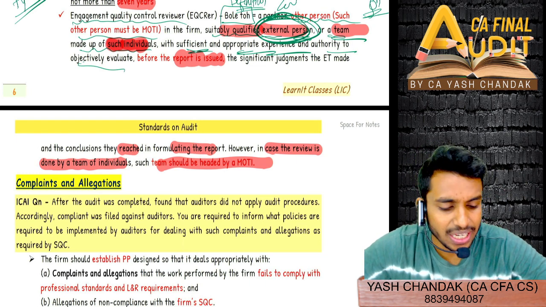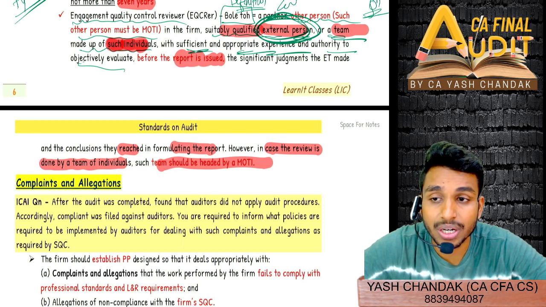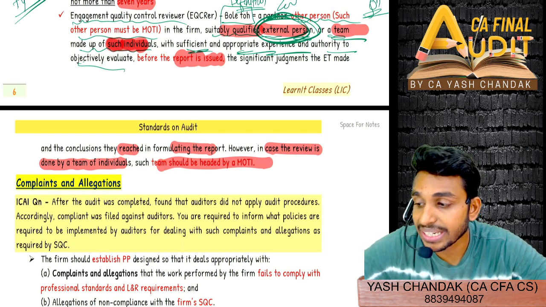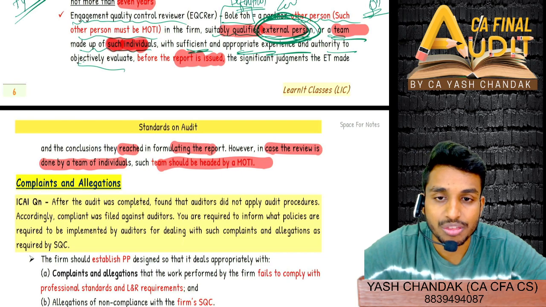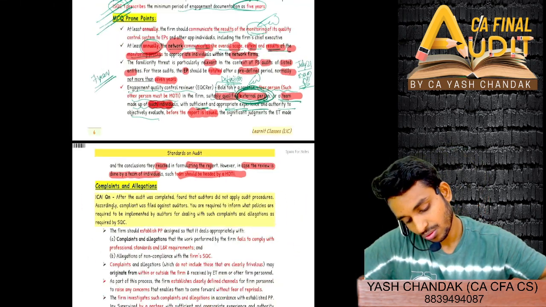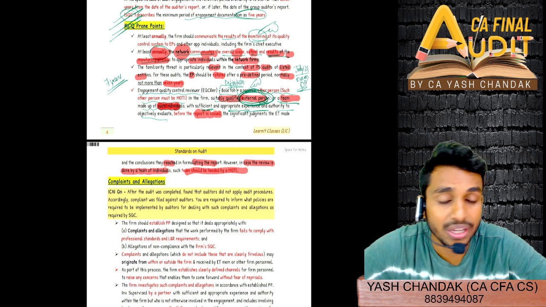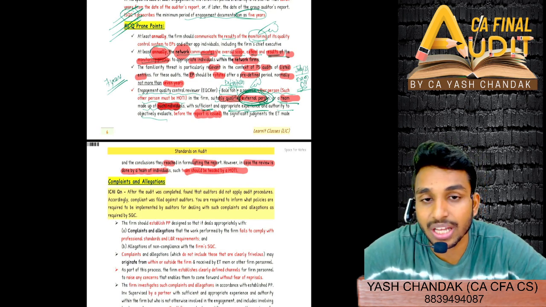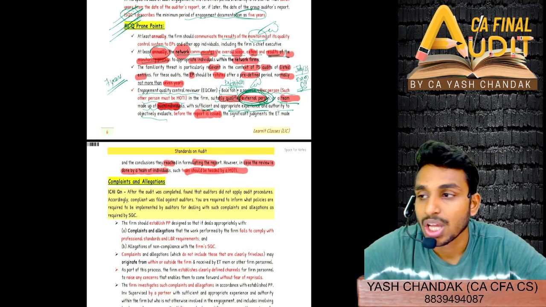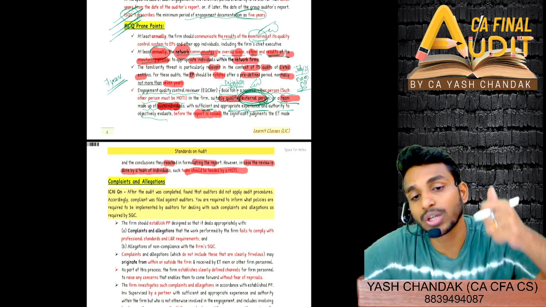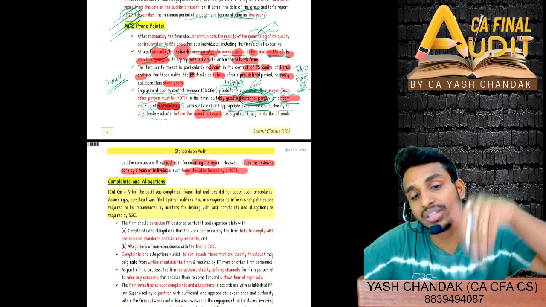Or they can give you an expert or external person who is an expert in this. So you will say what? No, if there is a team of individuals, then it needs to be headed by a chartered accountant only. Or else if there is only one individual, then he should either be my partner or a chartered accountant within our firm.